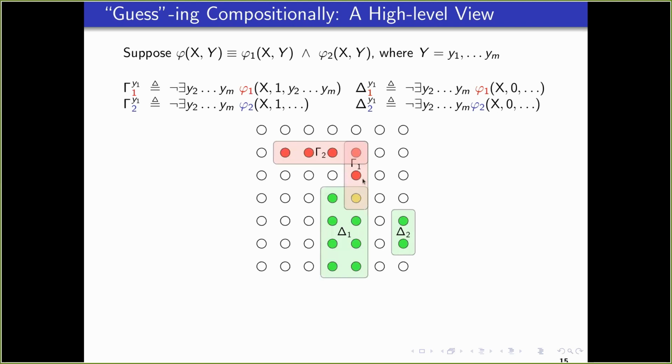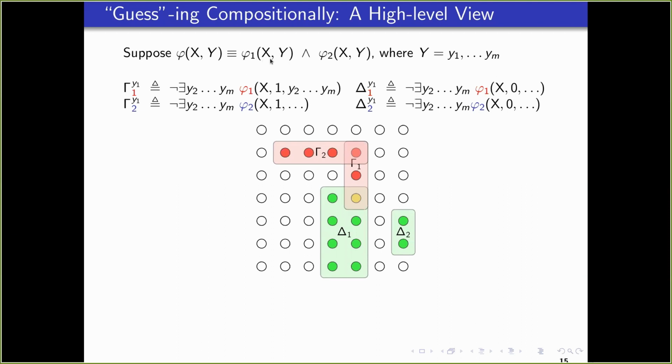Let us say for phi1, the gamma set looks like this, and for phi2, the gamma set looks like this. And for phi1, the delta set looks like this, and for phi2, the delta set looks like this. Now you will notice, remember what was this gamma set? Gamma 1 are all those values of x where you can't set y to 1 if you are to satisfy phi1.